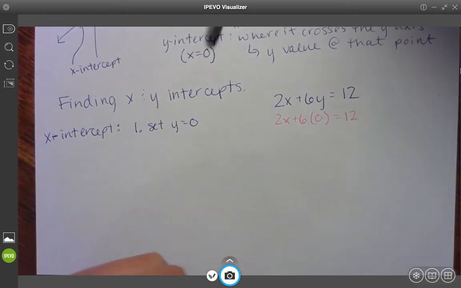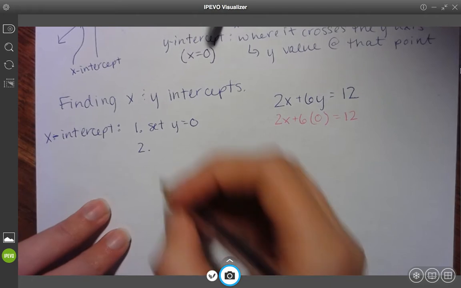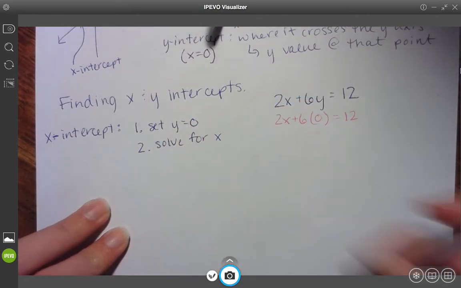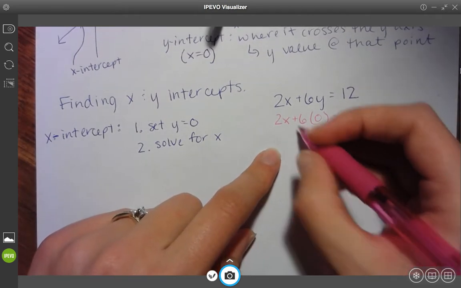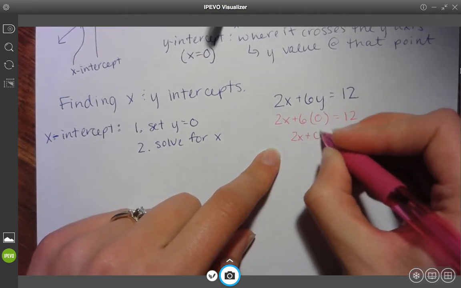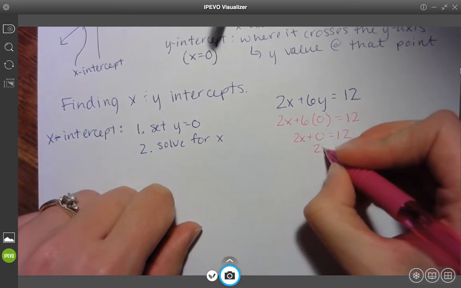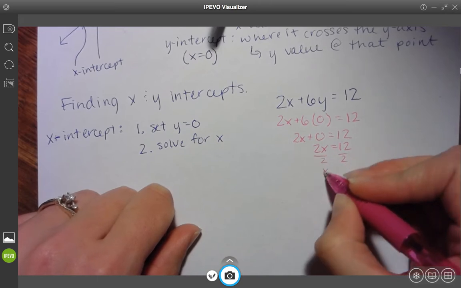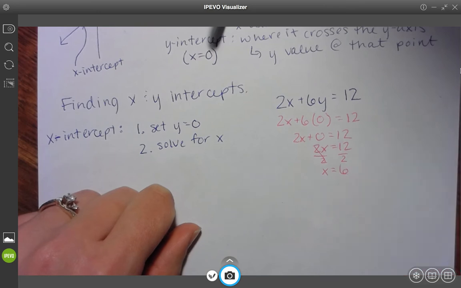That's what I do first. My second step is to solve for x. 6 times 0 is 0, so I have 2x plus 0 is 12. 2x plus 0 is just 2x. I can divide by 2, and that'll cancel. 12 divided by 2 is 6, so x equals 6.